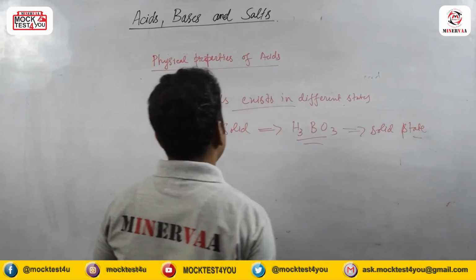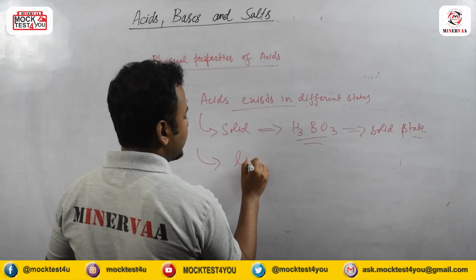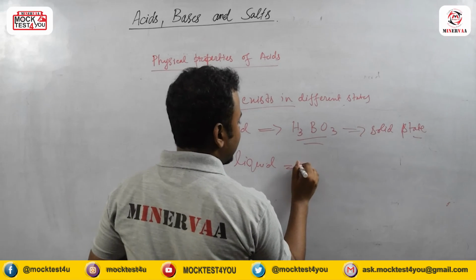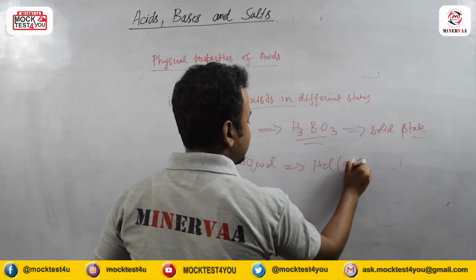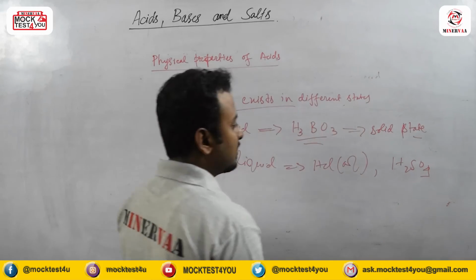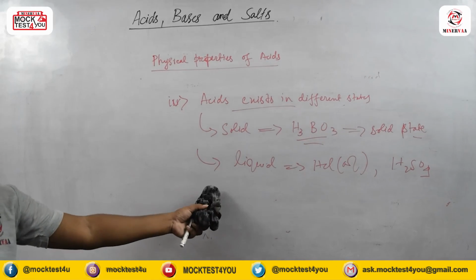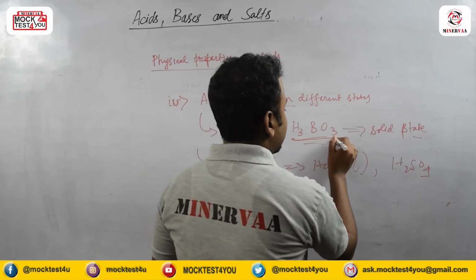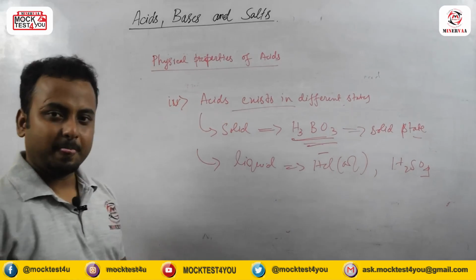It can also be found in liquid state. Like we know, HCl aqueous is a liquid acid, and H2SO4 we get in liquid state, right? So acids can be found in solid state and also in liquid state.